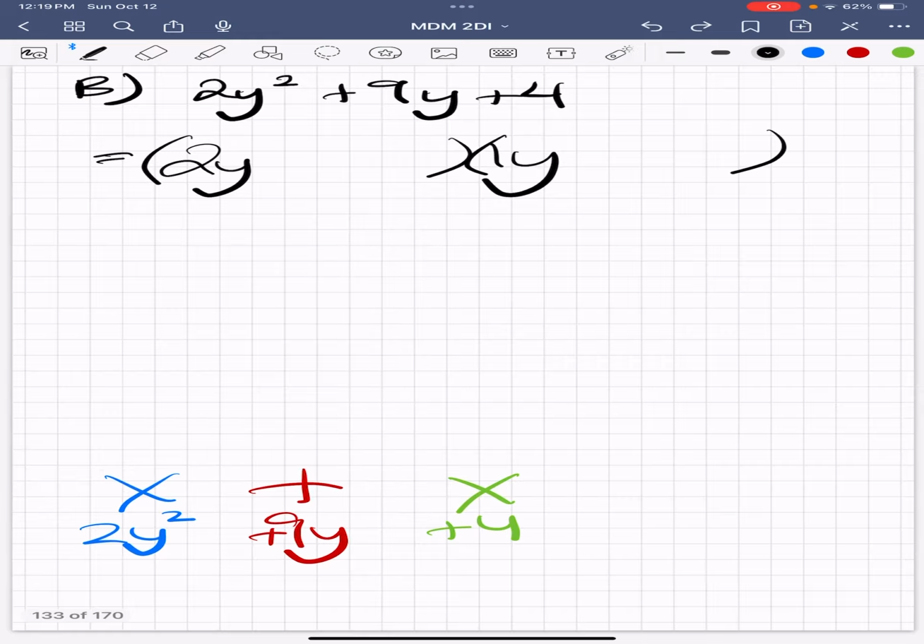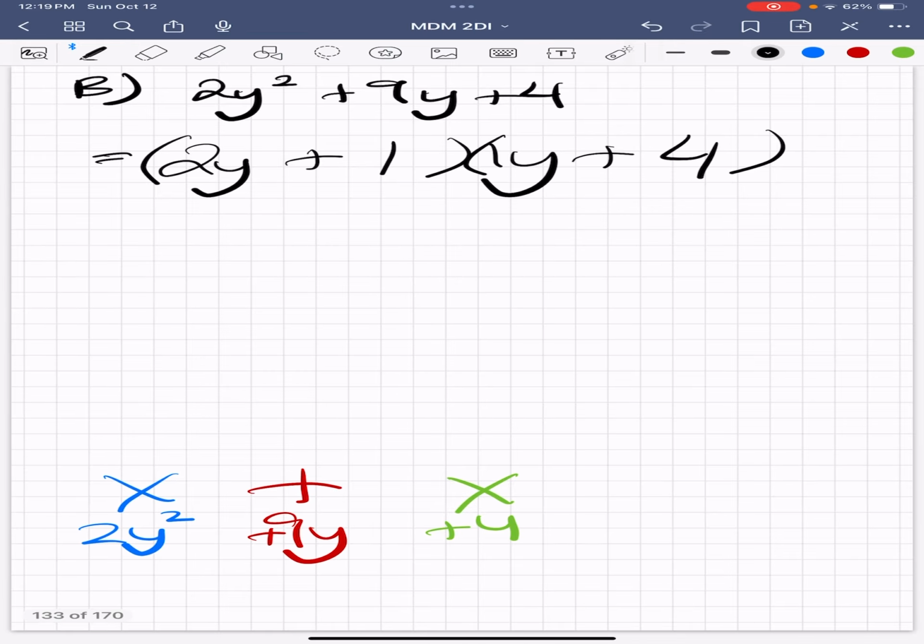So I have plus 1 and 4. What we're going to do is expand out.